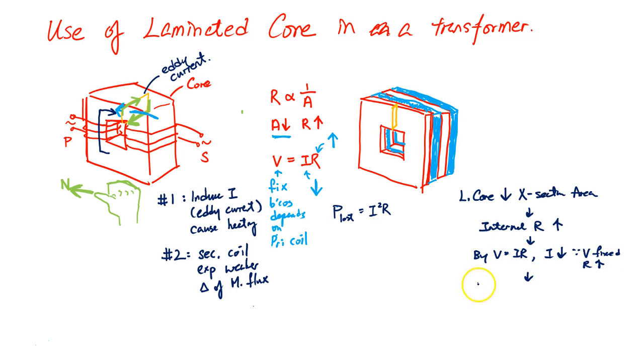Because of that, your P loss, which is given by I squared R, would then reduce, or your P loss as heat would then reduce. Okay? So I hope this clarified what is the use of a laminated core and what eddy current is. Keep the questions coming.